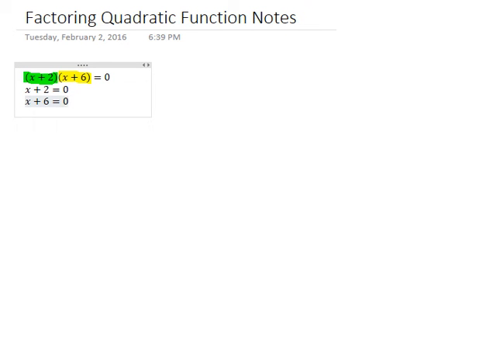Those blocks are just numbers. We just don't know what they are yet. It depends on what we put in for x. But they really are just two numbers multiplied together. Think of it that way. That's the reason why I did the color coding.